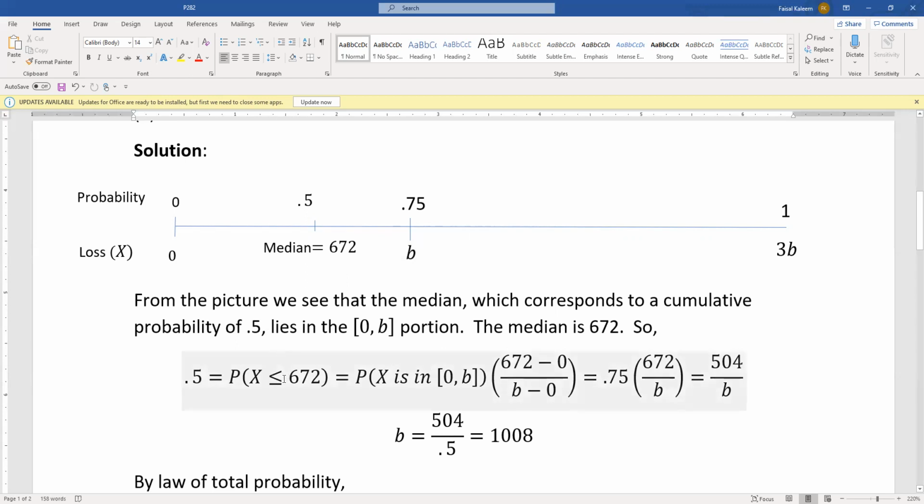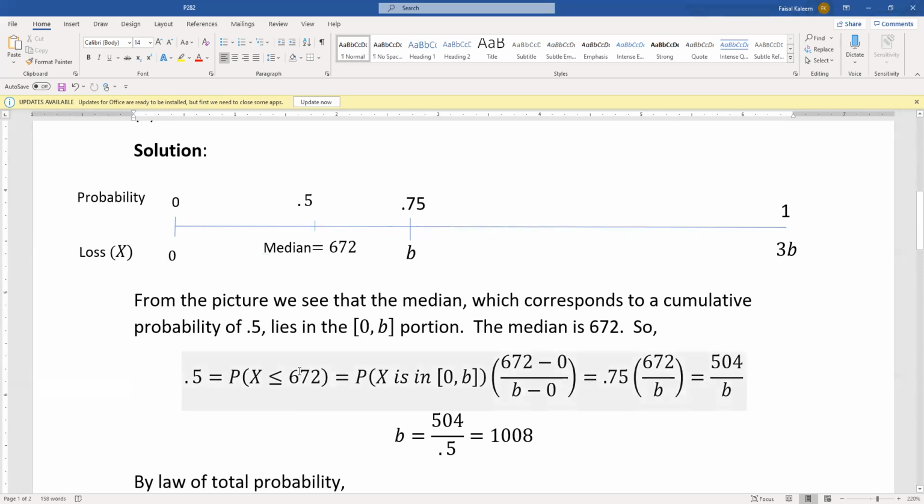Here, x is less than or equal to 672 if x is in the interval 0 to B to begin with, which has probability 0.75, and means multiplication. Then not only is it in this interval, but it's also less than 672.